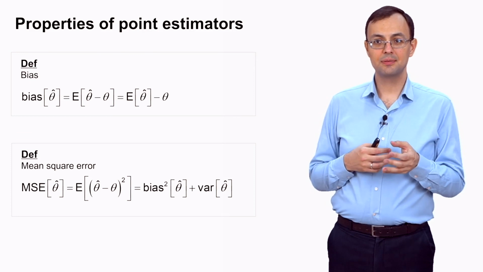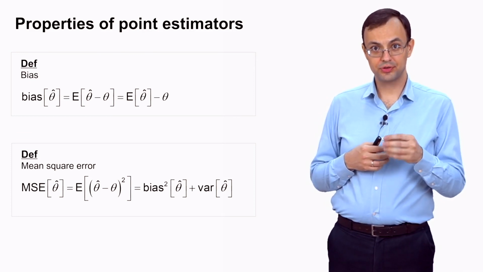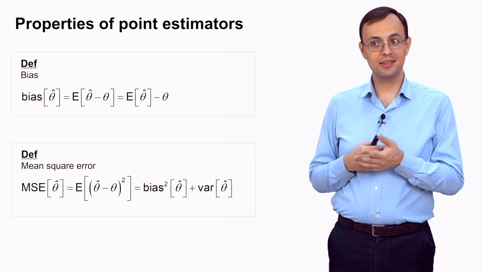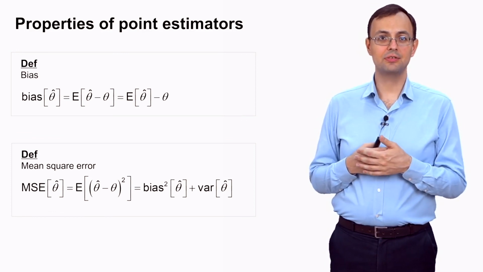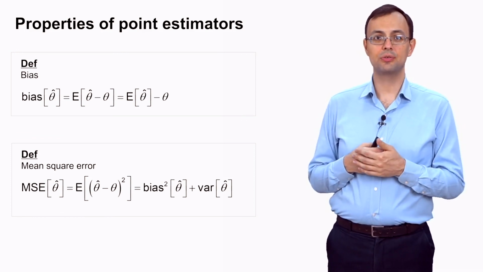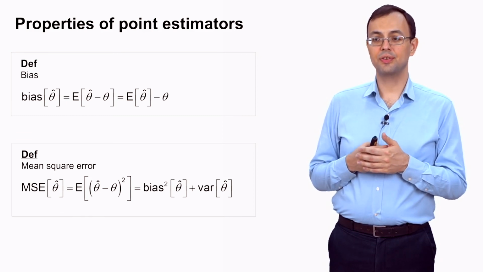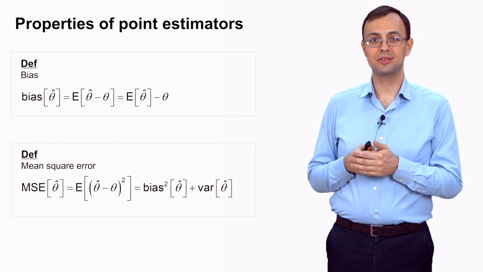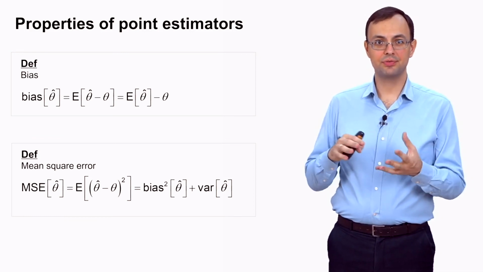This means that for unbiased estimators, whose bias is 0, MSE is equal to the variance. And for biased estimators, MSE is equal to the variance plus the squared bias. This is the formula we usually use to find MSE when analyzing and comparing different estimators.